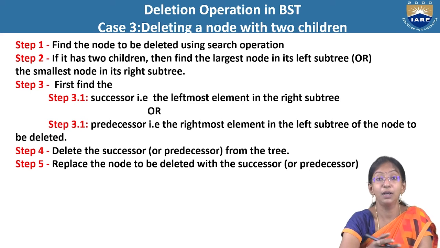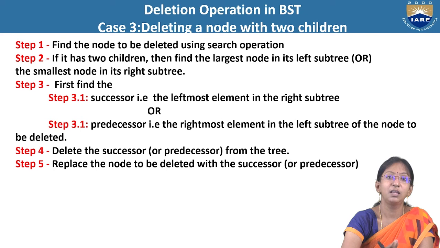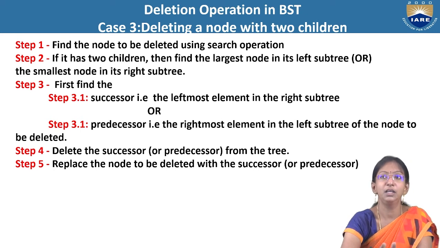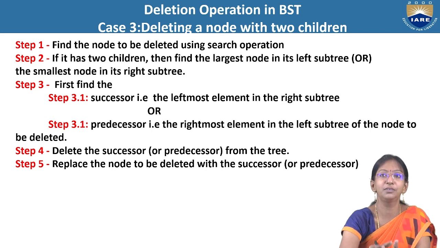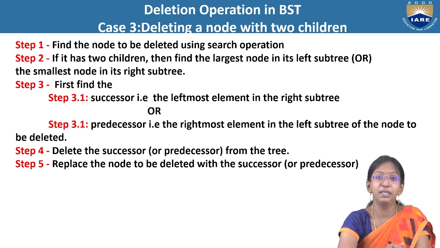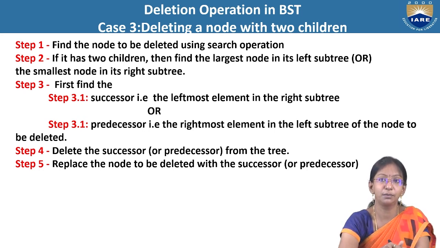Where is the successor found? That is the primary question. It is the leftmost element of the right subtree. Remember, it is the leftmost element of the right subtree. Or you can even replace it with the predecessor. Predecessor is nothing but the rightmost element of the left subtree.